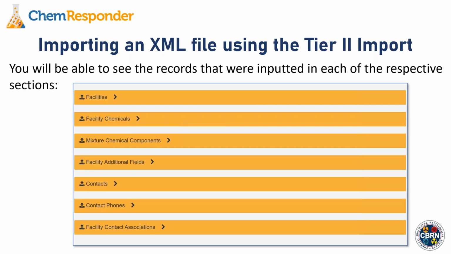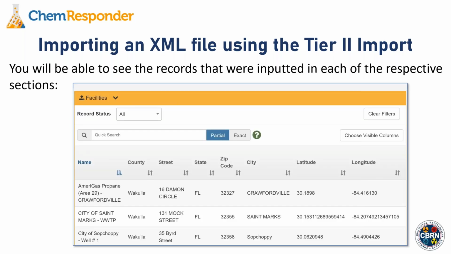So once I have committed the import, I will be able to see the records that were inputted in each of the respective sections. So if I open the facilities table, I can see all of the facilities listed here and additional information about them.